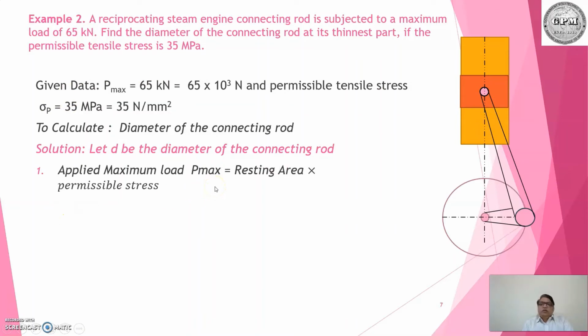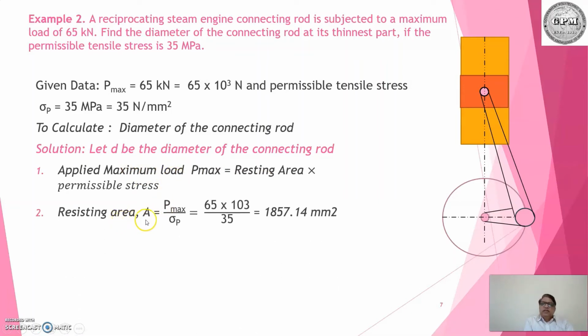If the load is this, and if I know the stress, so stress is nothing but the internal resistance. It is Newton per mm square. If you know this internal resistance and multiply it by the resisting area, this area multiplied by the permissible stress is equal to the applied load.